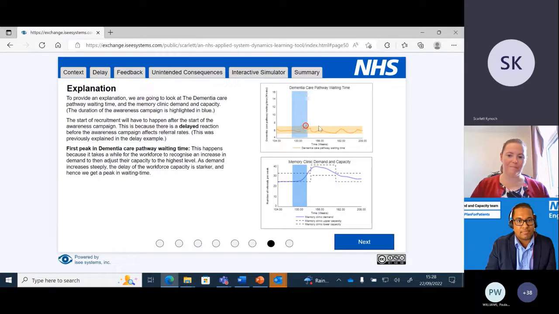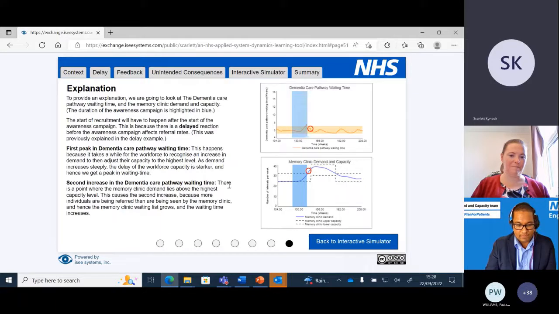So the first peak in the dementia care pathway waiting time happens because it takes a while for the workforce to recognise an increase in demand and then adjust their capacity to the highest level, and to get used to a new team and adapt to it. That was put into the model. And as demand increases steeply, the delay of the workforce capacity is starker, and hence we get this peak in waiting time.